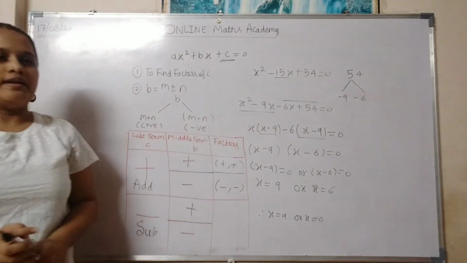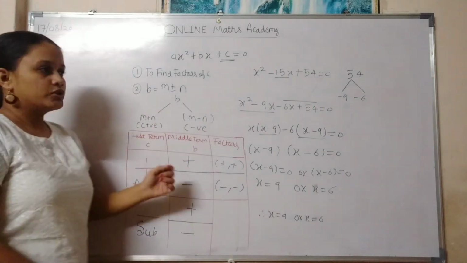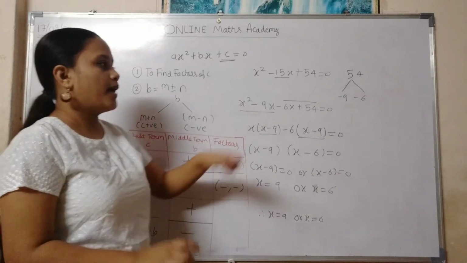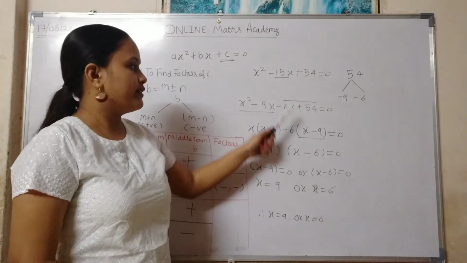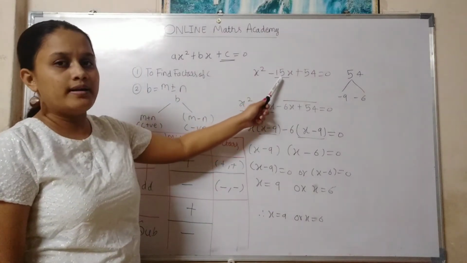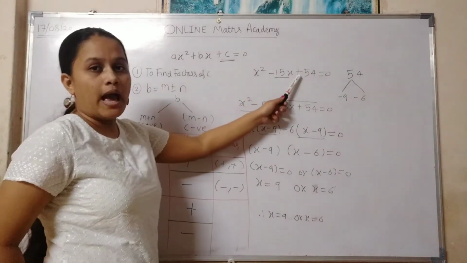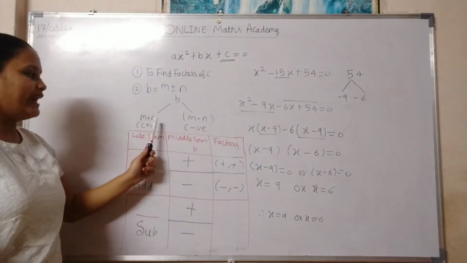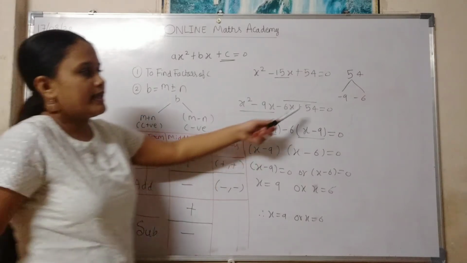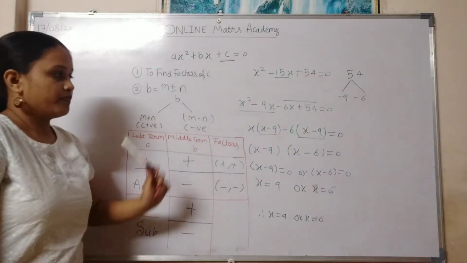So this was the way how we solved quadratic equation by factorization. So we'll just revise. We are taking factors of C. यहाँ पे C 54 है. ऐसे factors चाहिए जिनका addition या subtraction should be a middle term, that is B. When our last term is plus, यहाँ पे c plus है, therefore addition of two factors should give me the middle term. यहाँ पे minus sign, minus 6 gives me minus 15.